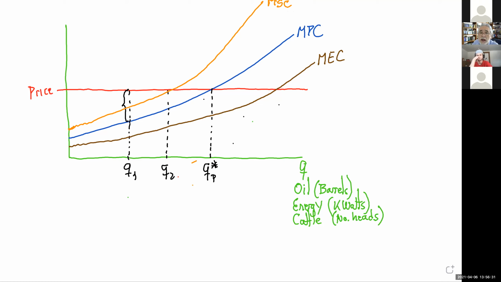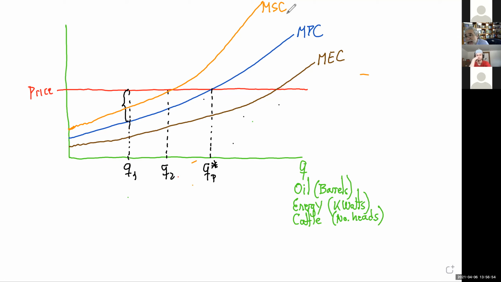Let me do that again because it's not very clear here. I'm going to write it again: marginal social cost. In other words, the orange line adds both the private and the external costs to society.